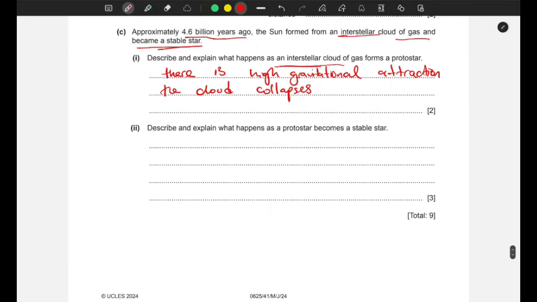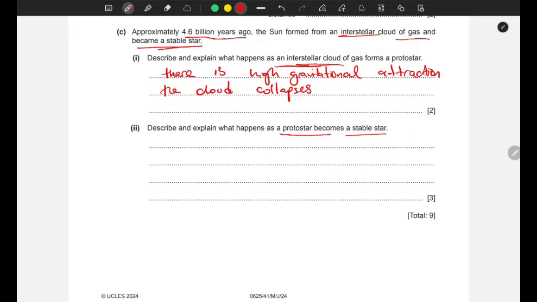Now, describe and explain what happens as a protostar becomes a stable star. This is just asking us about the life cycle of a star. First was the interstellar cloud forming a protostar, and now from a protostar to a stable star. When it becomes a protostar, the temperature has already increased, as I mentioned earlier.